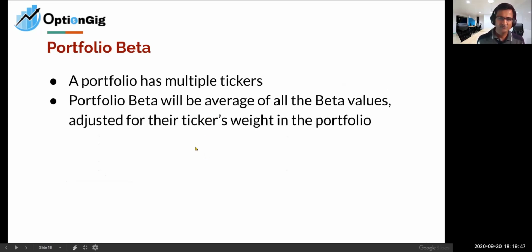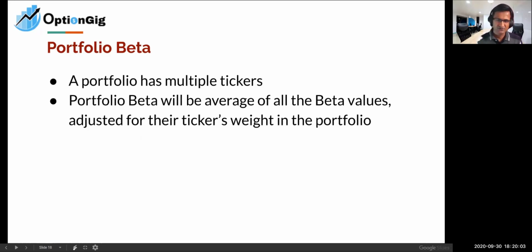This would be the average of all the beta values, weighted for the ticker amounts in the portfolio. It's a weighted average of the beta values.